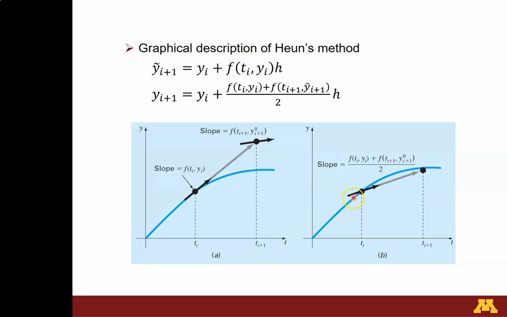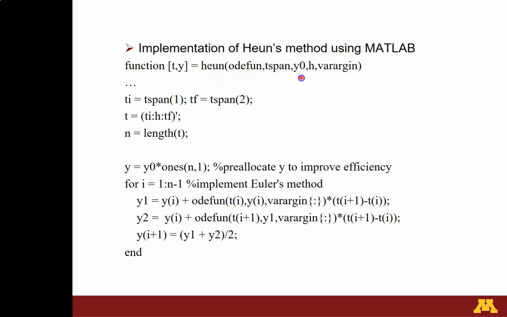One slope at the beginning of the interval and another slope at i plus 1 here. Here is the function of the Heun method, the improved Euler method. This function is similar to the function of the Euler method, except the iteration here.